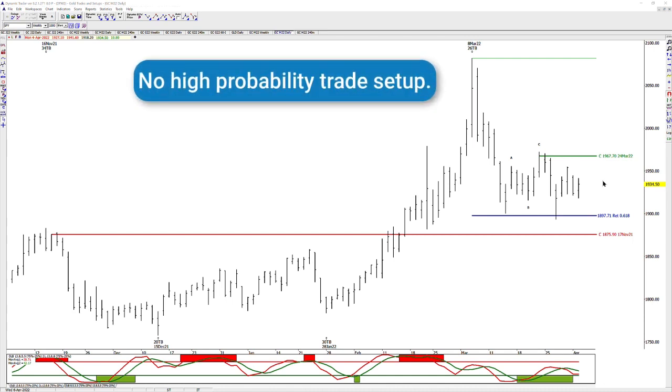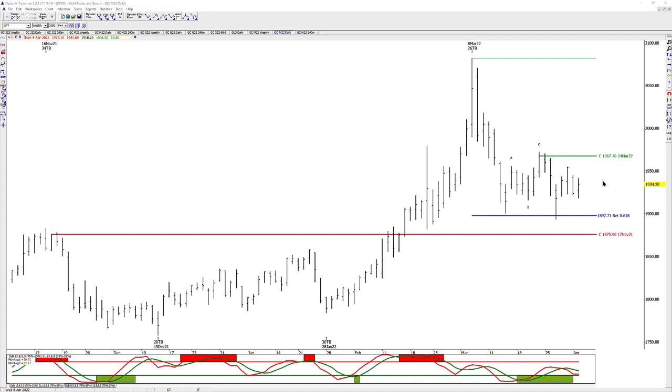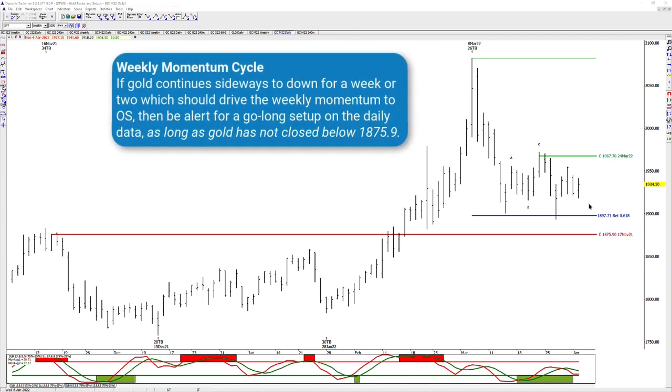I don't see a trade right now, but there's two things I'm going to be looking for in the days and the weeks ahead. Number one is if gold continues sideways to down for another week or two and the weekly momentum becomes oversold, then I'm going to look for any reversal signal on the long side to position on the long side.